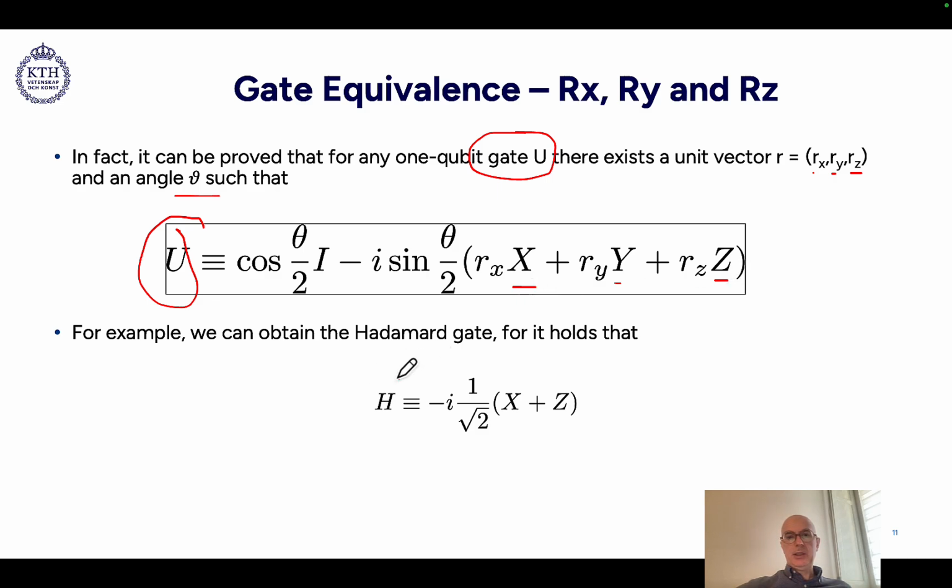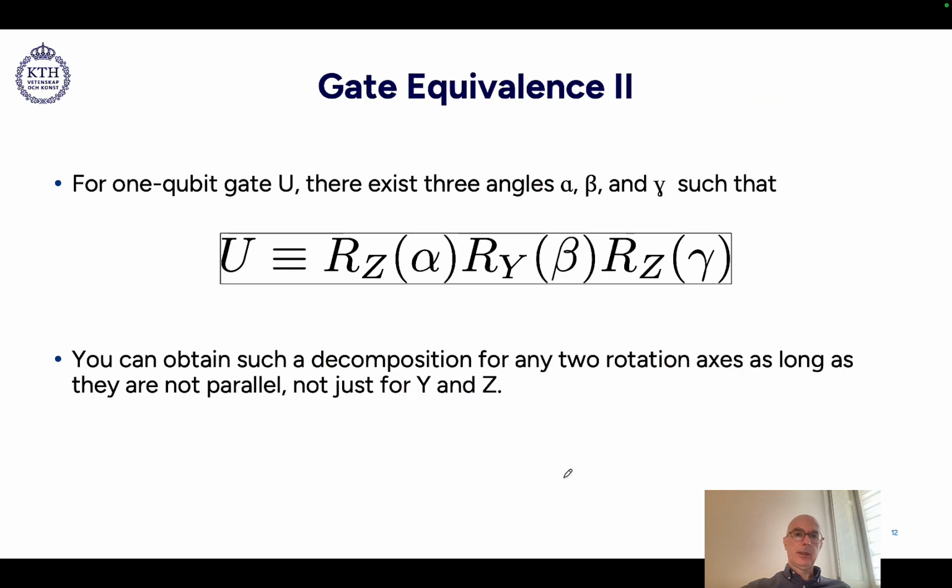For instance, we can obtain another gate by doing this operation here on the slide. So this is quite nice. For instance, if on a quantum computing system we don't have the Hadamard gate, we can use the X and Z operators and gates to calculate the Hadamard gate.